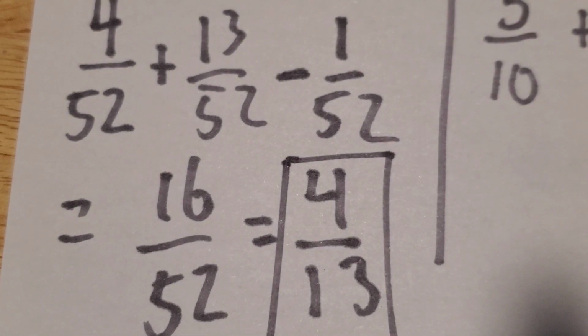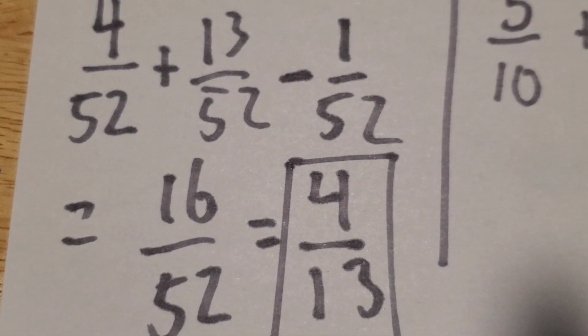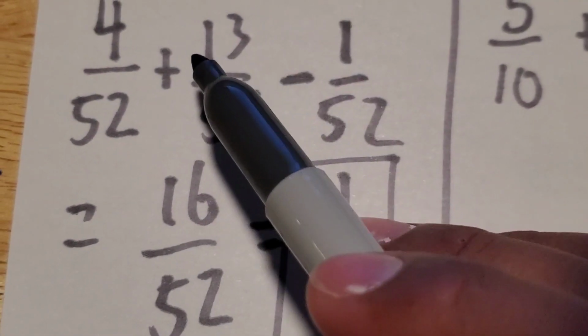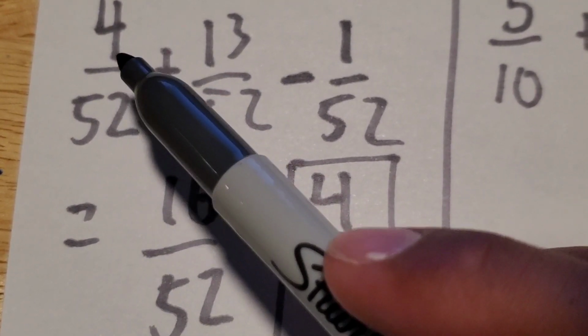Alright, the next one says, find the probability of event B, drawing a diamond or drawing a 10. Similarly, we know that there are 13 diamonds, and it's going to be the same.